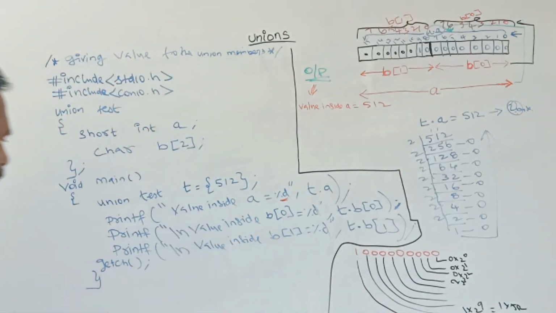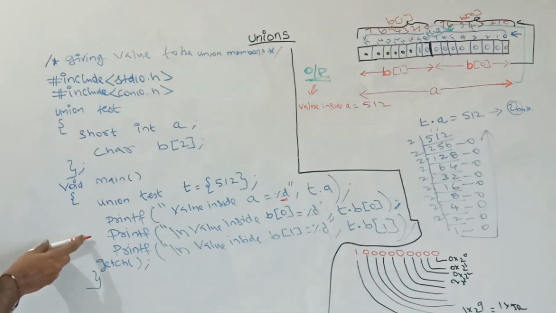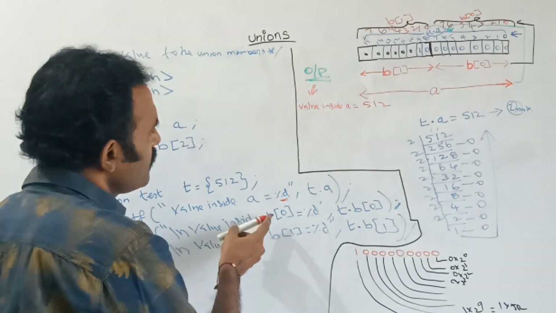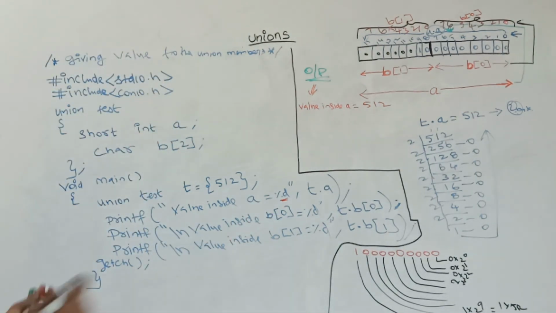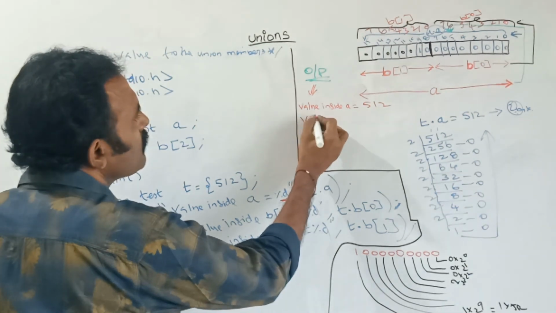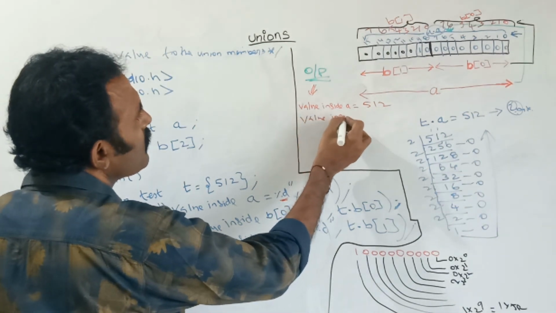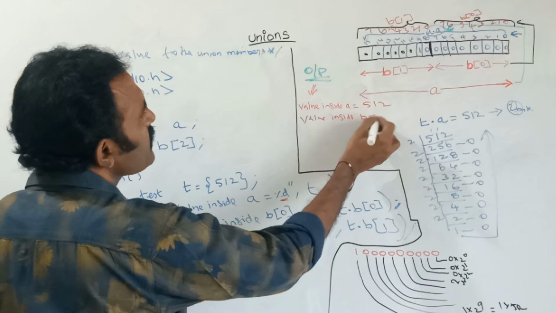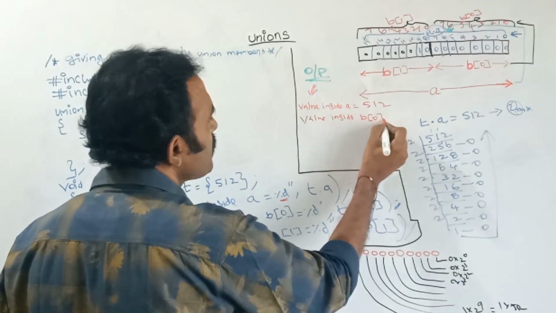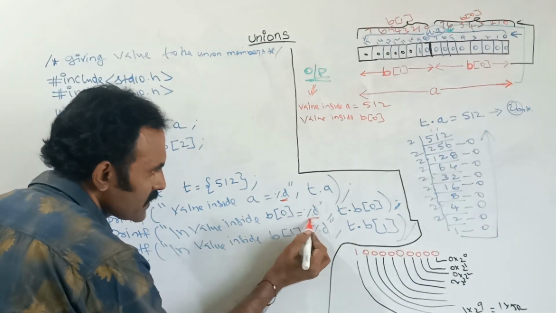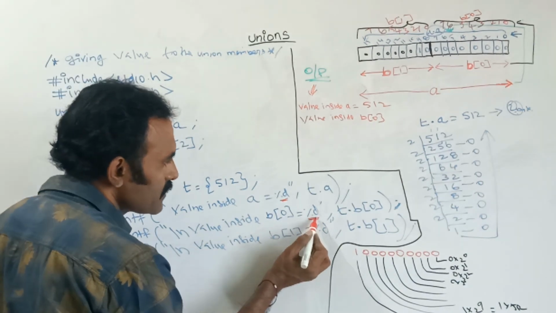See, now here I am telling it to print the value inside B of 0. So what will be the result here? Value inside B is equal to B of 0 first. In the B of 0th location, this one is important. I am telling it to print the decimal value.